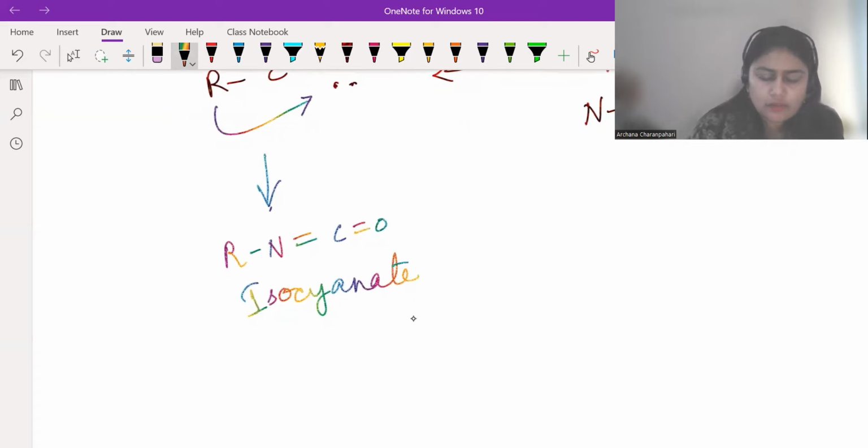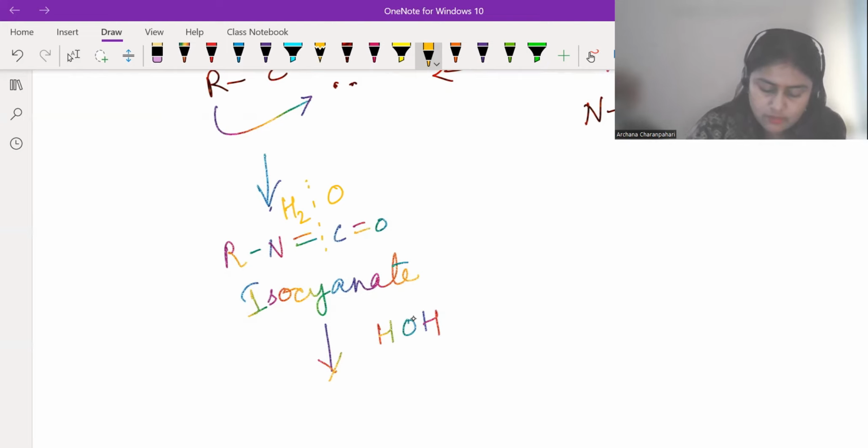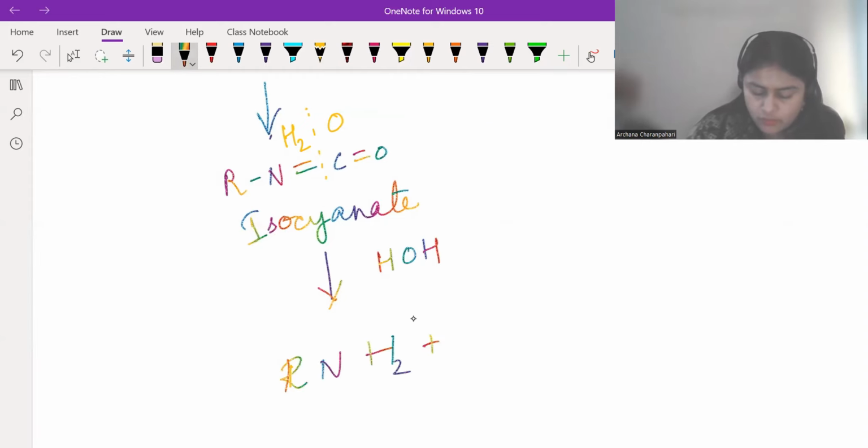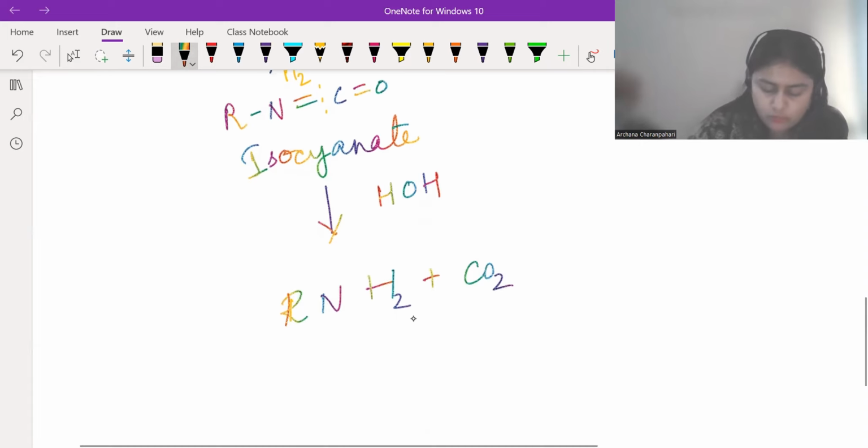Isocyanate is then treated with water. If I am to write a memory technique, it will be H2O like this, to yield R N H2 plus CO2.